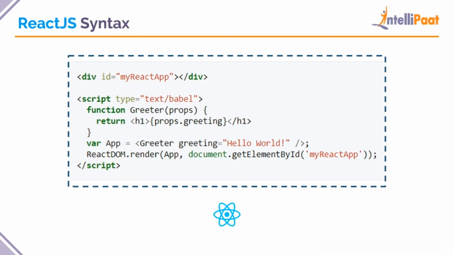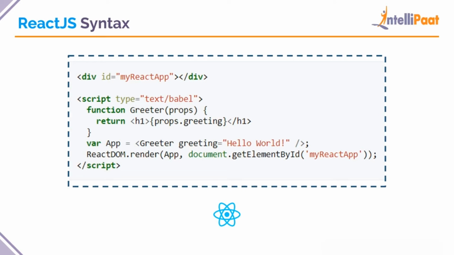Although this is not HTML, this is JSX, and we would be discussing what JSX is later too. But as of now, we can look at it as within the H1 tag, we have props.greeting, which is obviously inside a curly bracket, and the curly brace implies that the code within the curly brace is JavaScript.